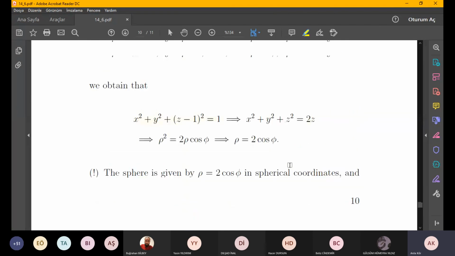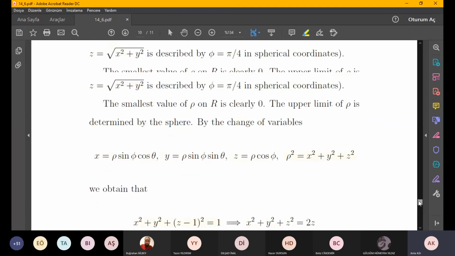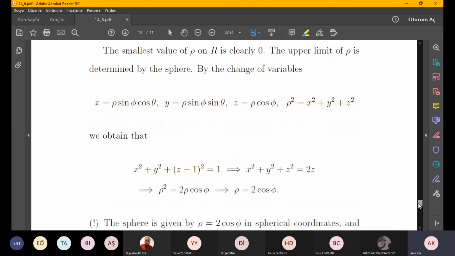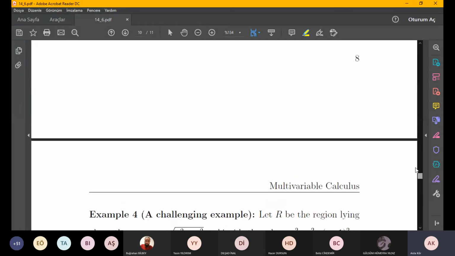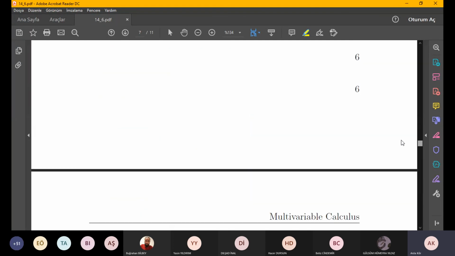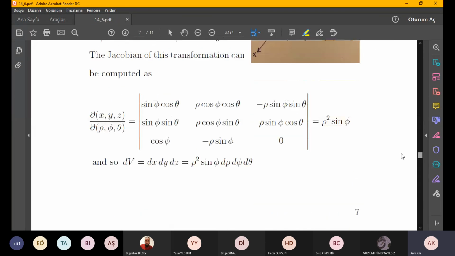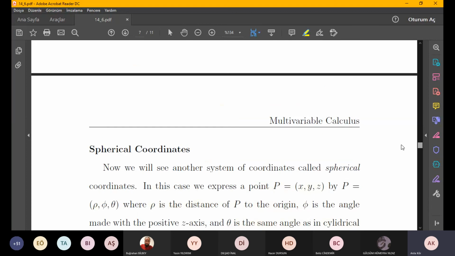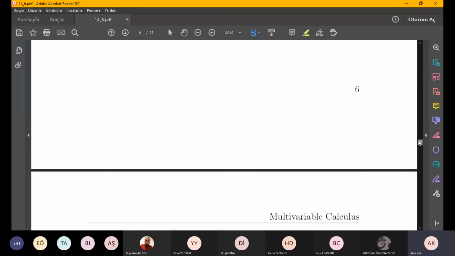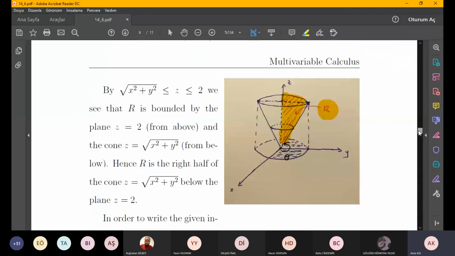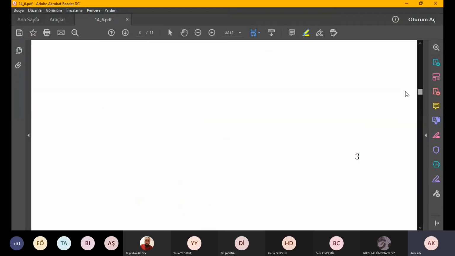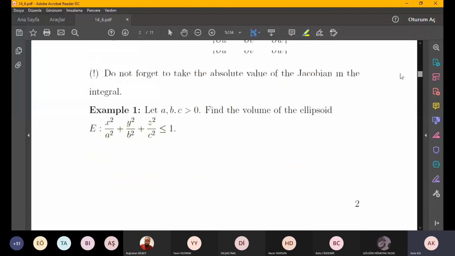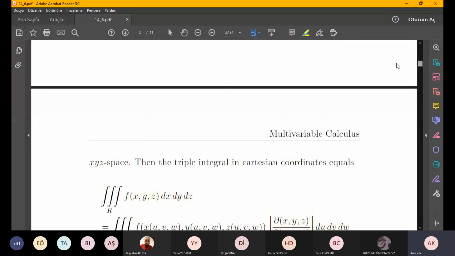So this is spherical coordinates and cylindrical coordinates, the systems of coordinates in 3-dimensional space. The steps are the same if you have a change of variables.